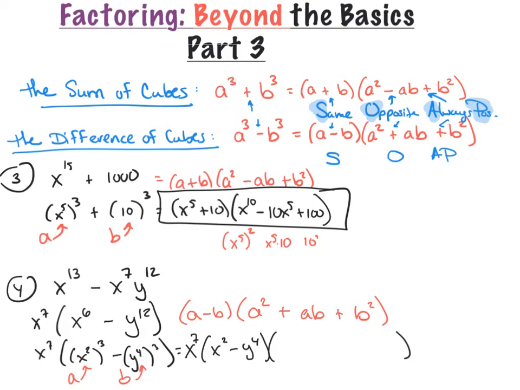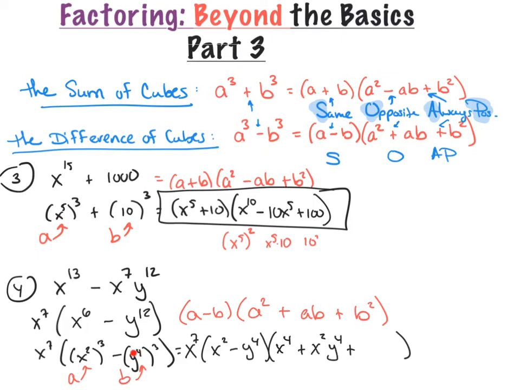Okay, what is a squared? Well, a is x squared, so squaring x squared gives us x to the 4th. Multiplying the a and the b together gives us x squared y to the 4th.